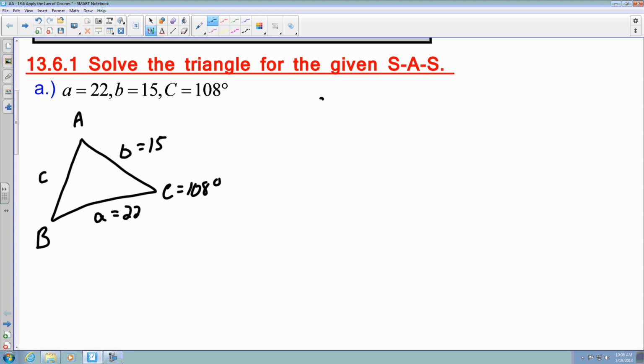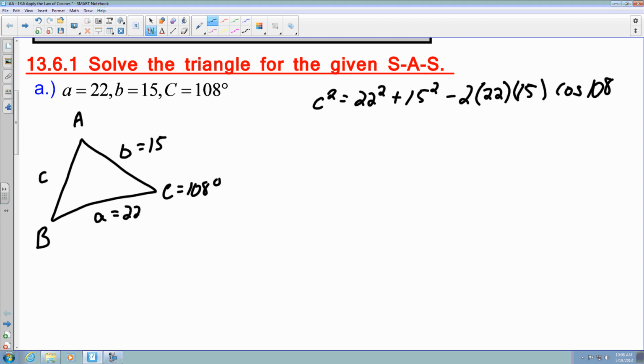So c squared, which we don't know, equals a squared, which is 22 squared, plus b squared, which is 15 squared, minus 2 times 22 times 15 times cosine of 108.